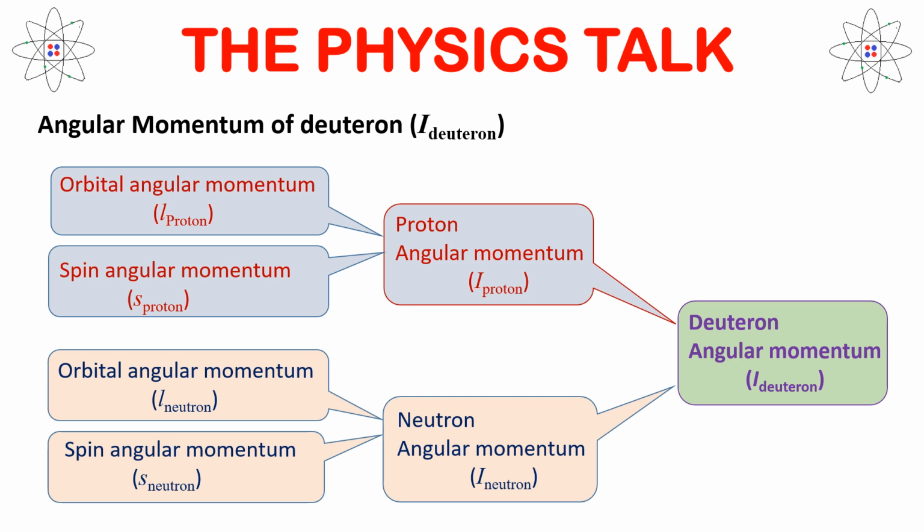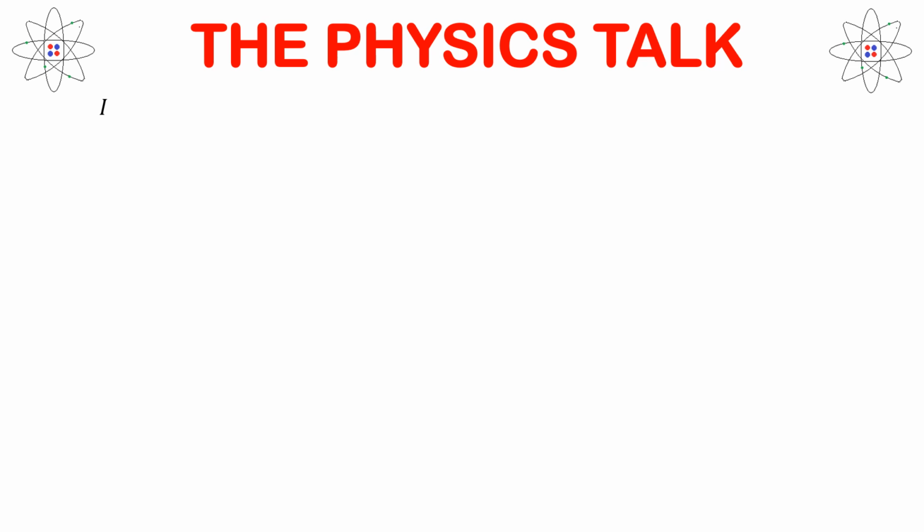That is, the angular momentum of one particle is the vector sum of its orbital angular momentum and spin angular momentum. Mathematically, the angular momentum quantum number I for deuteron is the sum of angular momentum of its constituent proton and neutron. Again, total angular momentum of each of these particles is the vector sum of its orbital and spin angular momenta.